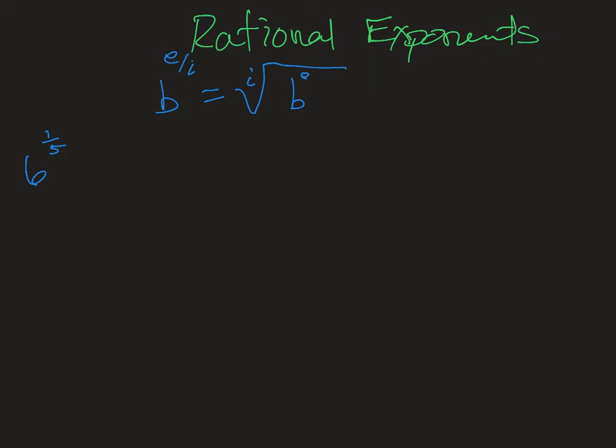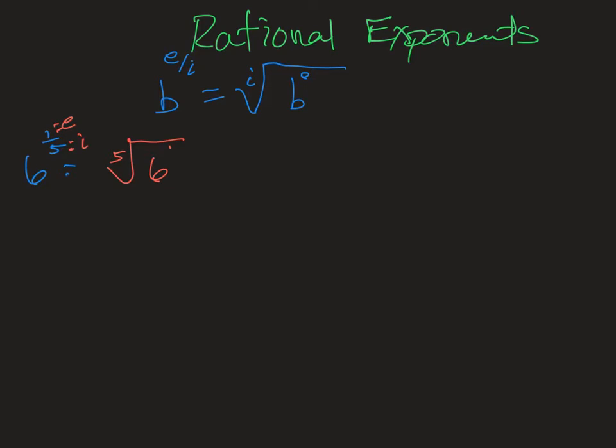If I want to rewrite that as a radical, I know that the index of my radical is 5, and I know the exponent of my base that's going to go inside of my radical is 1. So if I rewrote this, this would be the 5th root of 6 to the first power, and we really don't need that 1, but that's just to show you. So 6 to the 1/5 is the same thing as the 5th root of 6.